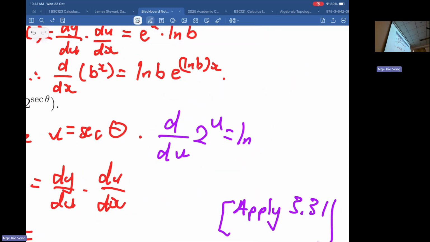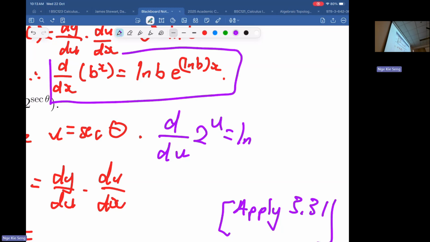It's 2. So ln 2 times e to the power ln b, ln 2 times x, and in this case here it is u.